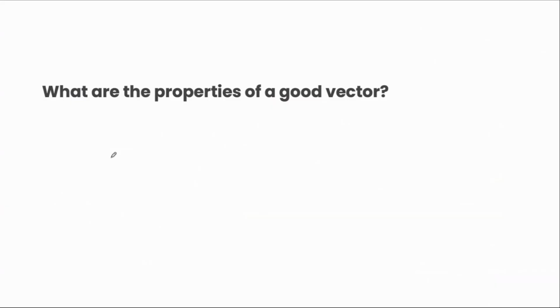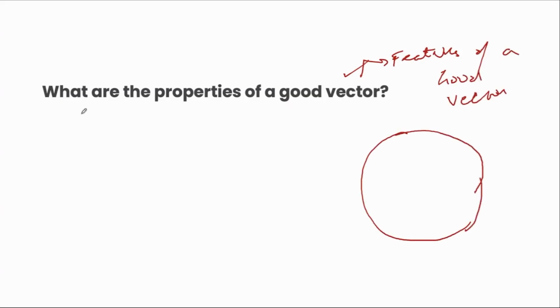Moving on. Another question here is, what are the properties of a good vector? These are basically the features of a good vector. What all should a good vector possess? We know that it should have an ORI, an origin of replication. Then, in the previous slide, we learned the importance of selectable markers, so it should have a selectable marker.